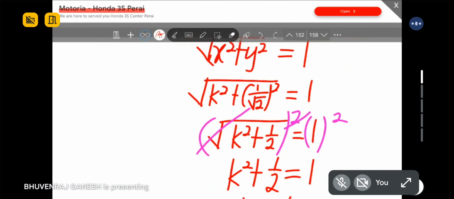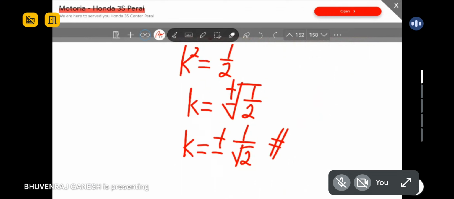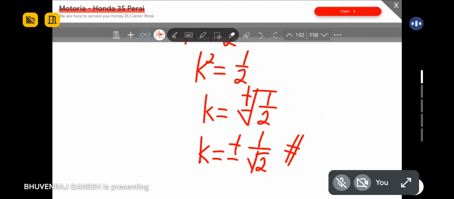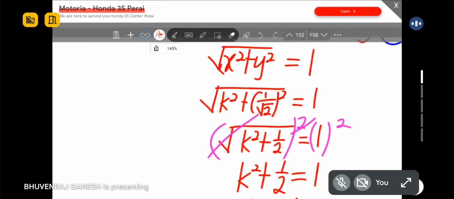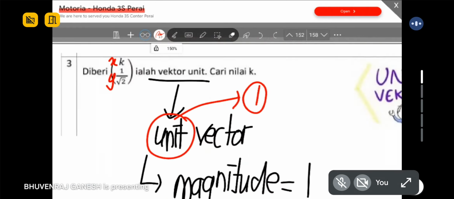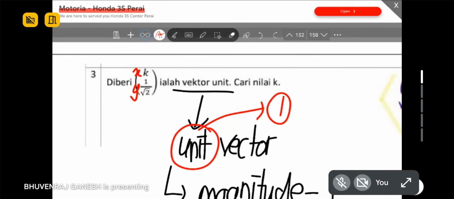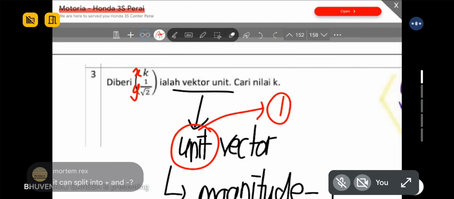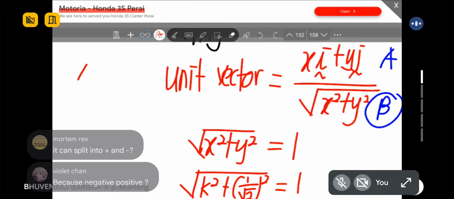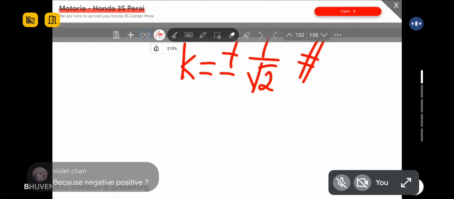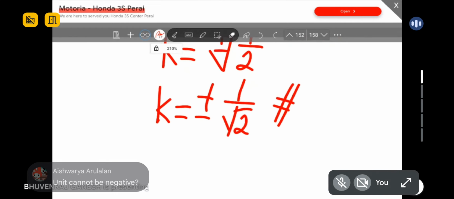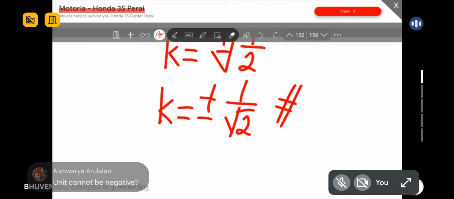Whenever you do something in admaths, must have reason one. Kena ada sebab. So what is the sebab over here? You must always see the question. Selalu nampak soalan. Question is cari nilai k. It can split into positive and negative. Yes, I already write here. Positive and negative. Can you see here? Cannot be negative. Okay.